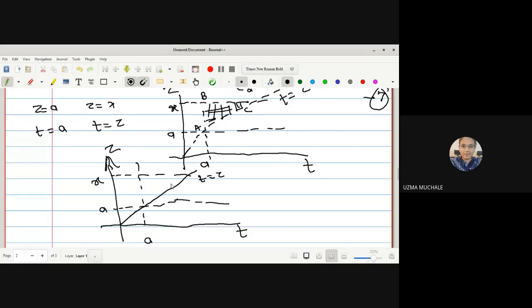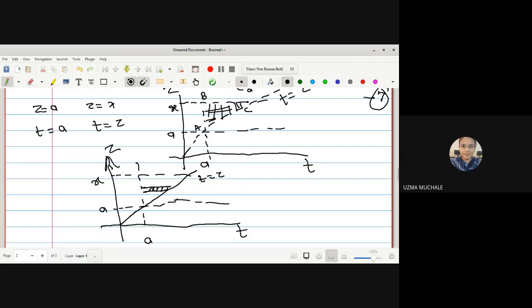We are going to change the order of integration now. Double integration. So here, if you remember, this was a strip.